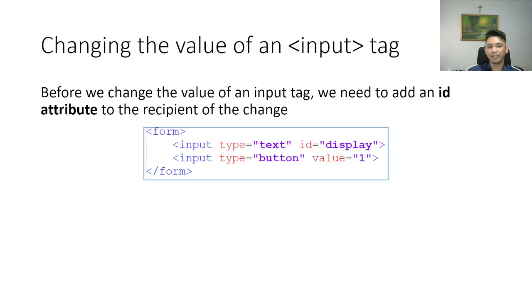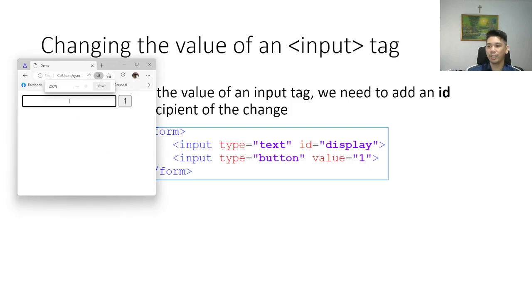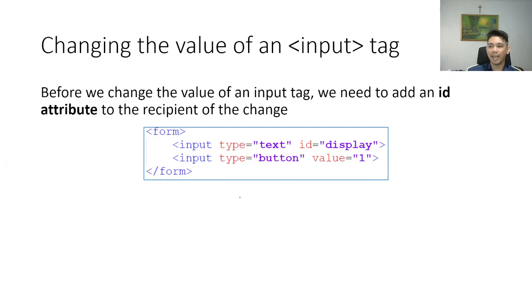Like in the example, we need to change the text box. Therefore, we need to add an ID to the text box so that the computer will be able to pinpoint who will be changing values. So in this example, I added the attribute ID, which has a value of display.